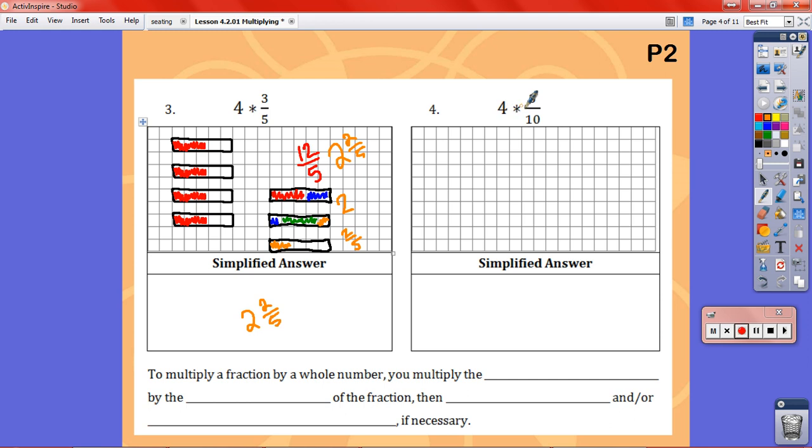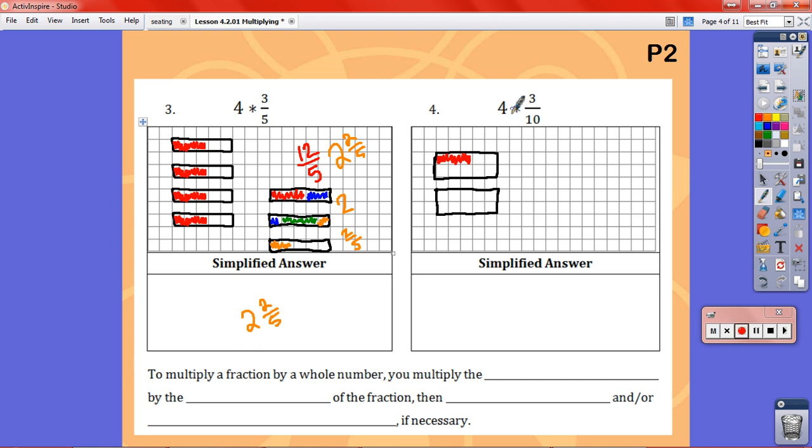It's 4 times 3/10. So it's the same sort of idea, except now I have tenths instead of fifths. So I have like this. Let me draw 2 of them just in case I need it, and I can draw another one if I need it later. So 1 set is 3/10. 1, 2, 3. 3/10, 3 out of 10.